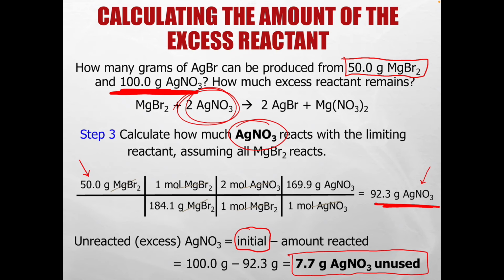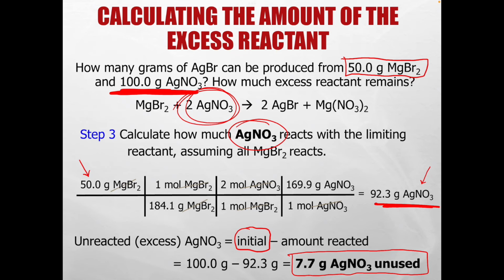I think this is a tricky calculation because you need to have already figured out the limiting reagent. Usually you'll do that anyway because I'll typically ask how much product you can form, so you're going to need to make those two train tracks anyway and figure out which one's the limiting reagent.